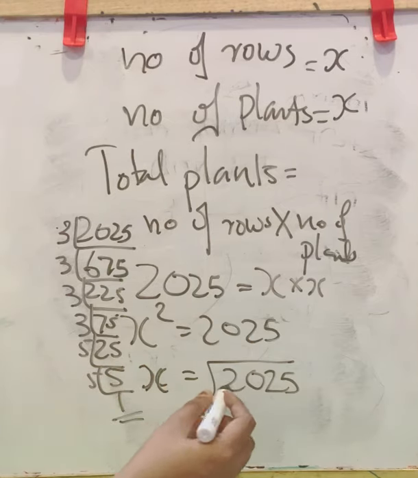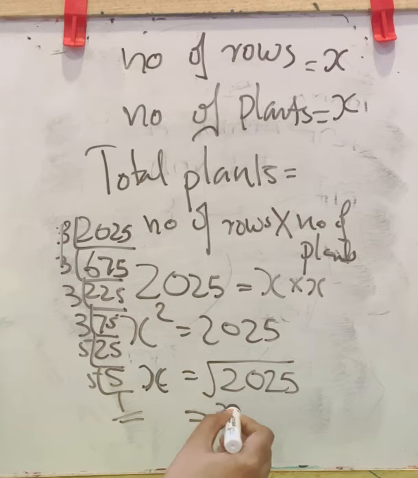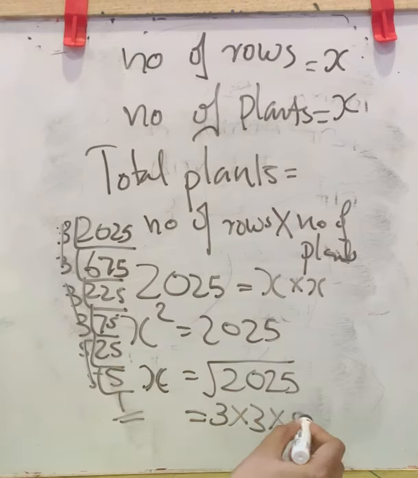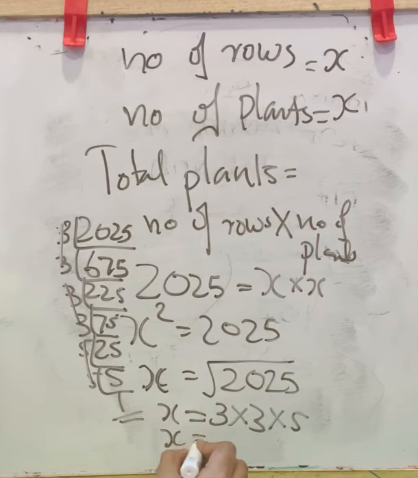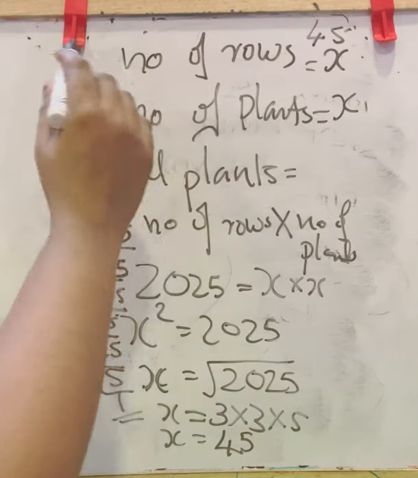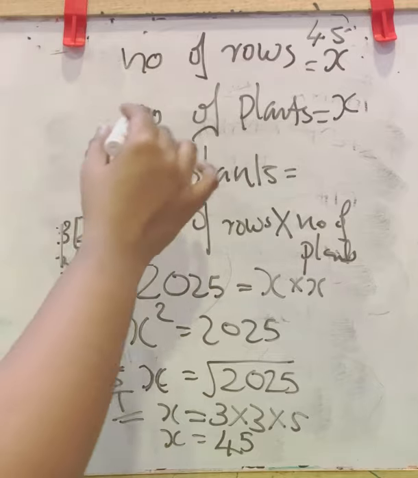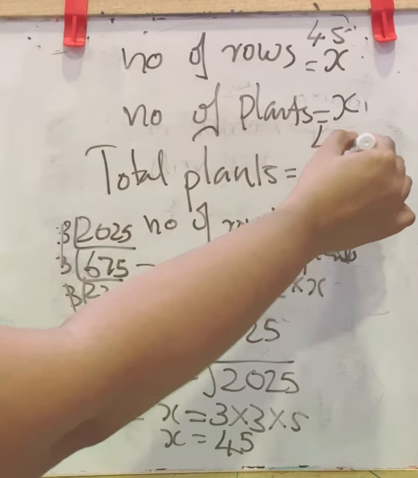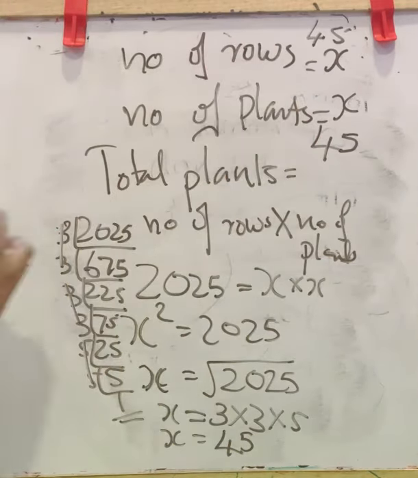So pair one 3, pair another 3, pair one 5. X will be equal to 3 into 3 into 5, that is 9 5s are 45. So the number of rows is 45 and each row contains the same number of plants, that is 45. 45 plants in a row and 45 rows.